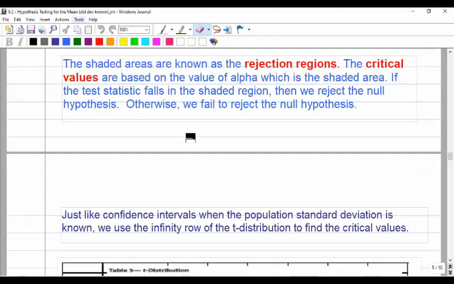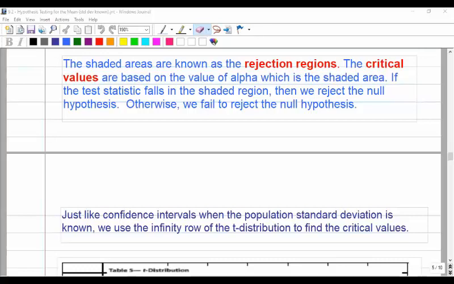For example, let me bring up a scratch page here. All right, I'll say I'm doing a left tail test over here. And let's say that's negative 1.96. That's one of the common values. Okay.